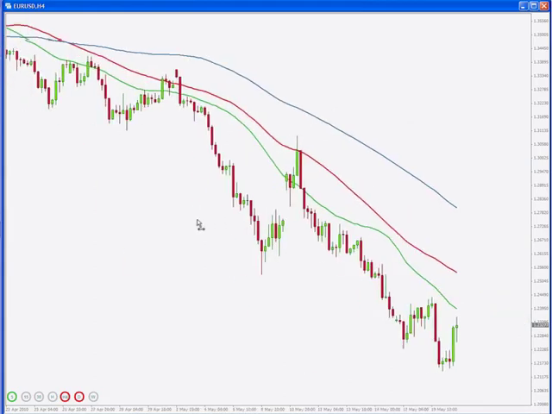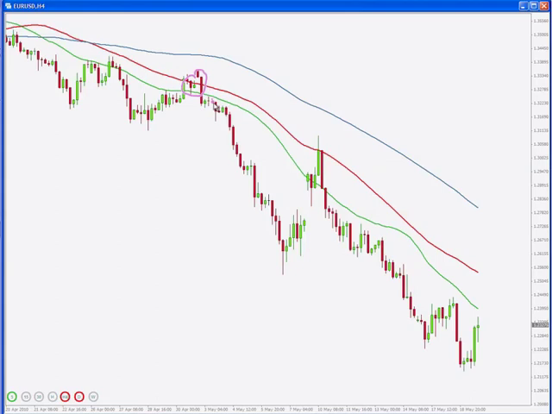All right. Let me zoom out. Let's imagine we take this swing there. The entry would be right there, as this candle there closes, since it's the first candle up on the bounce to close below the 30 simple moving average. Right there is where we would click on our sell button. Stop loss either there or again just above the 50 simple moving average.